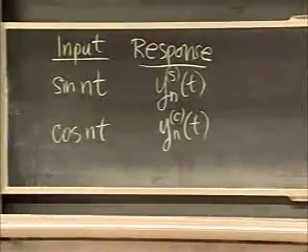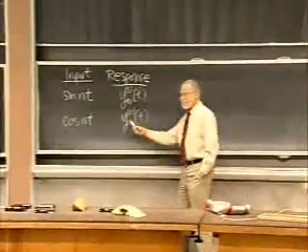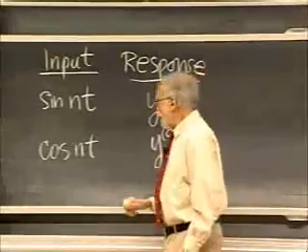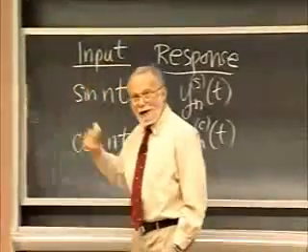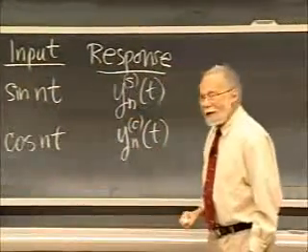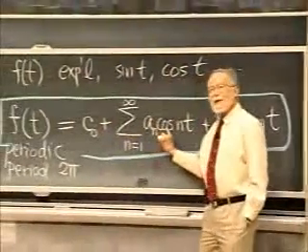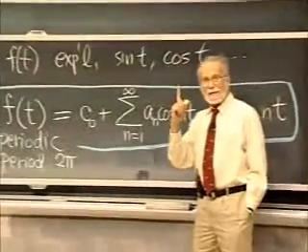If you feed in cosine nt, what you get out is this function. Now what? Well, by the way, notice that if n is 0, that's going to take care of a constant term too. In other words, the reason there's a constant term out front is because that corresponds to cosine of 0t, which is 1.